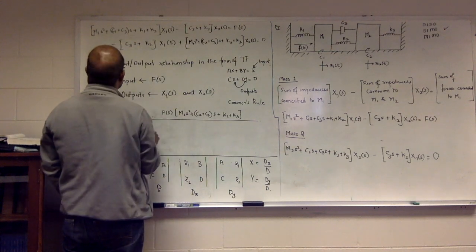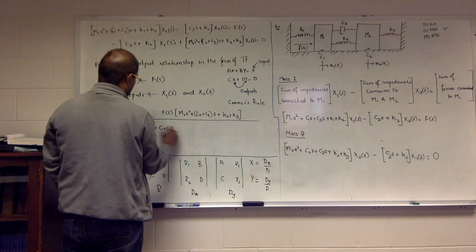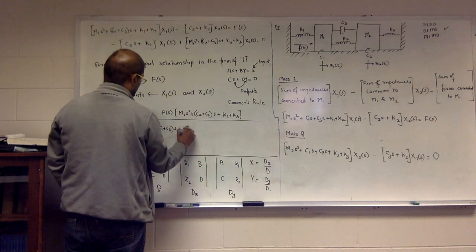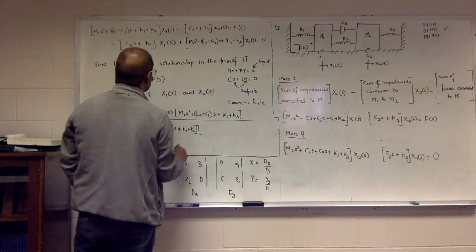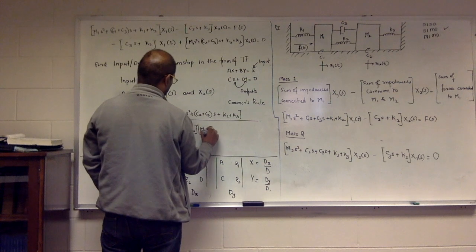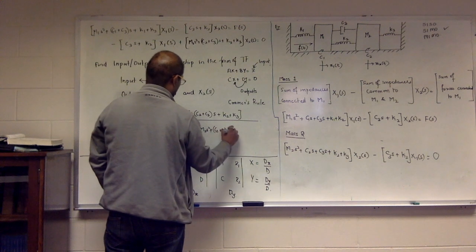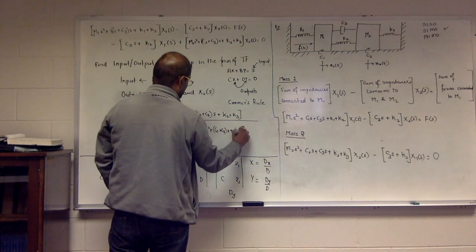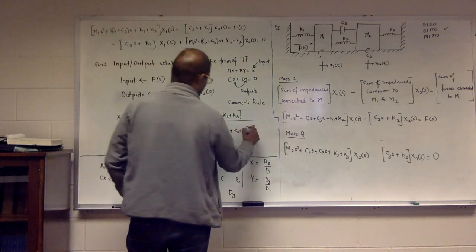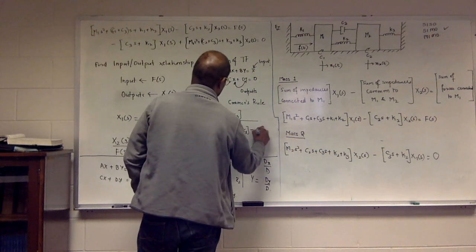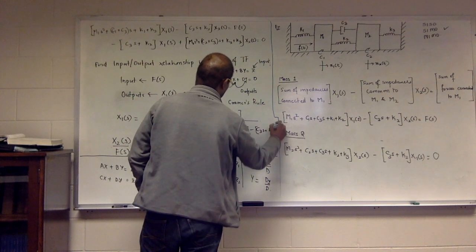M1 s squared plus C1 plus C3, minus C3 s plus K2, whole squared.